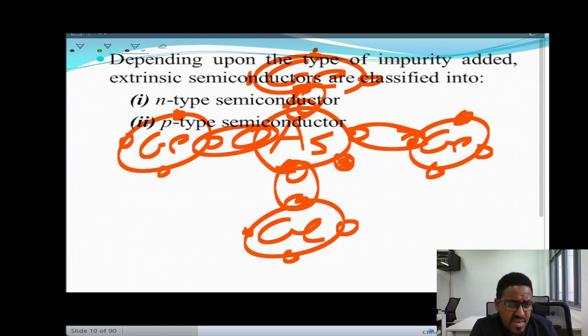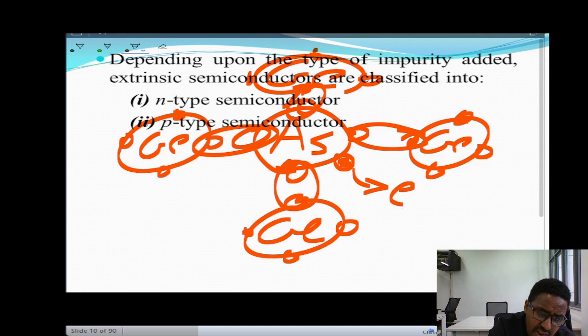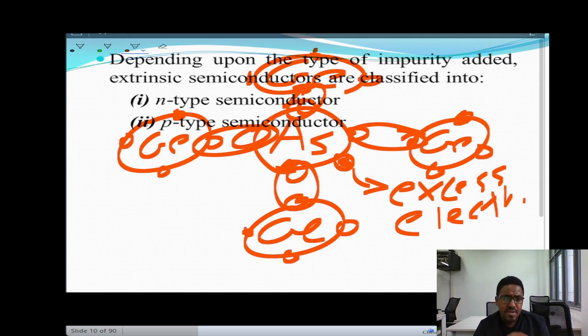So in this atomic bonding of germanium crystal with the impurity of arsenic atom added, we get one excess electron. So this excess electron we can call a donor, to provide electrons to the semiconductor crystal.